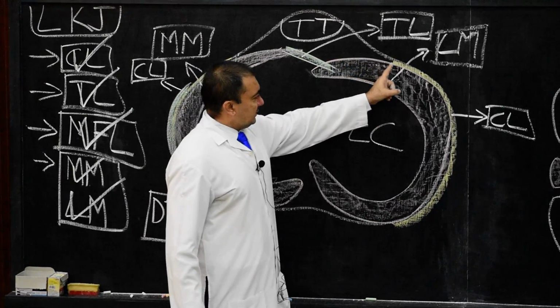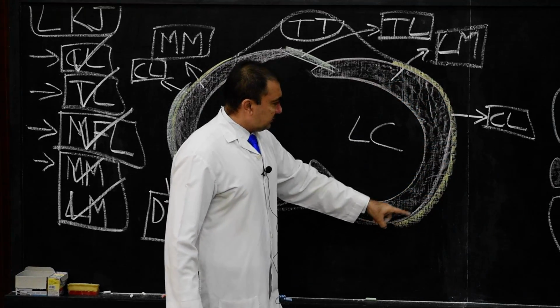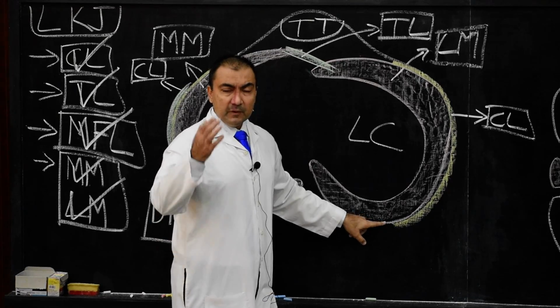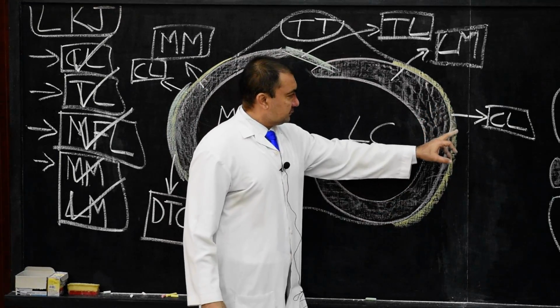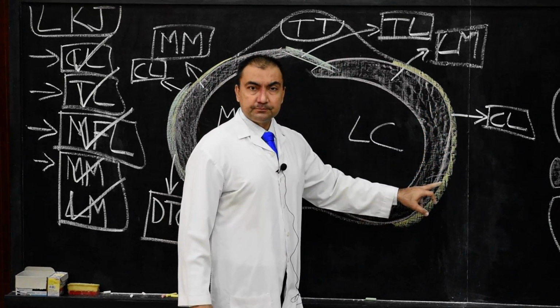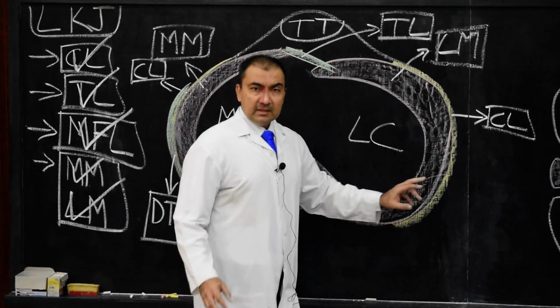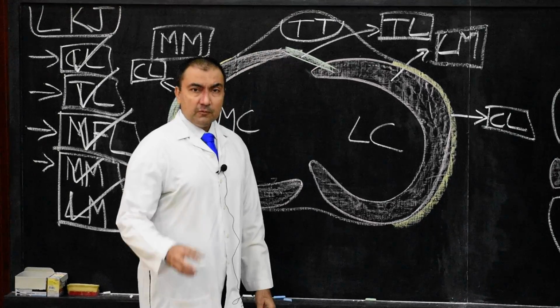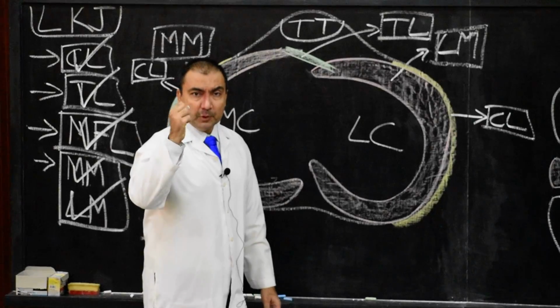Now, this border of lateral meniscus, which is known as the concave or medial border, is a free border. What about the lateral border, which is convex? This lateral border of the lateral meniscus, which is convex, will be attached to the capsular ligament. Similarly, the posterior end of the lateral meniscus will be attached with the tendon of popliteus.